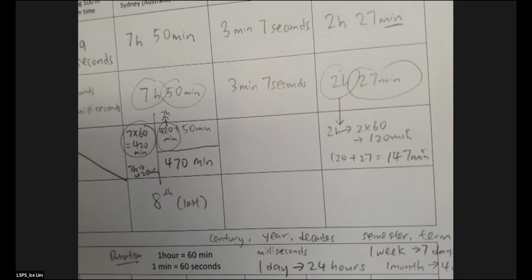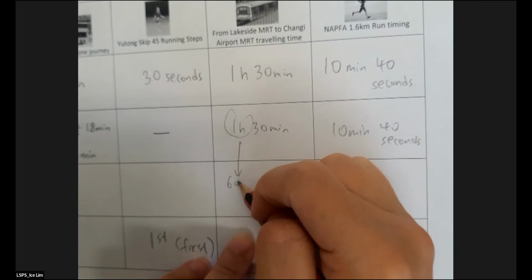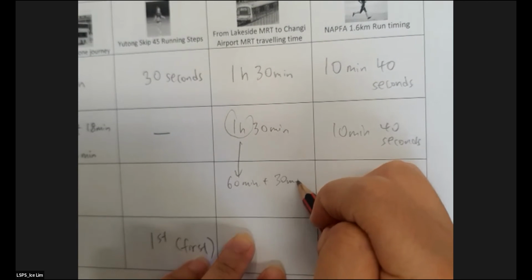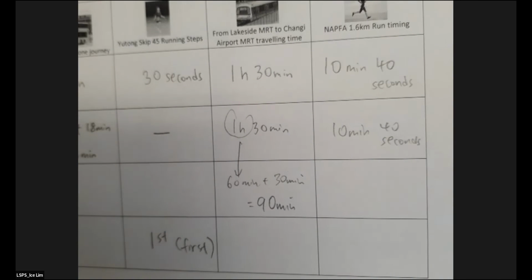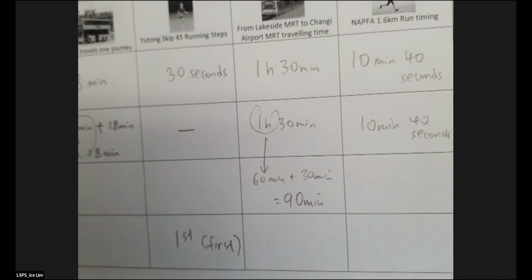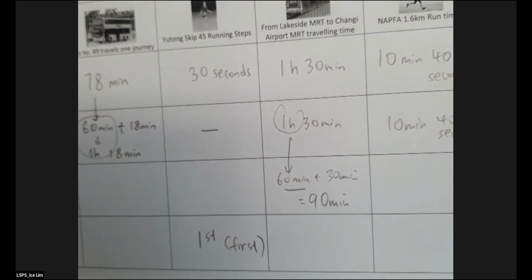Is that okay? Moving on. So this one also: 1 hour is 60 minutes plus 30 minutes, so 1 hour and 30 minutes equals 90 minutes. So mixing hours and minutes, I change all to a single unit. Can I do the conversion? It is possible.